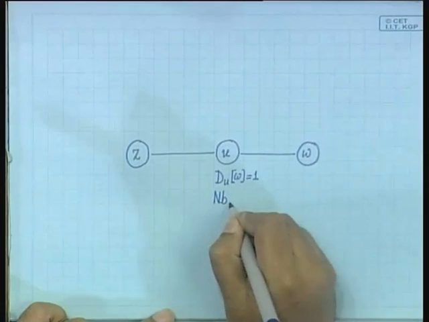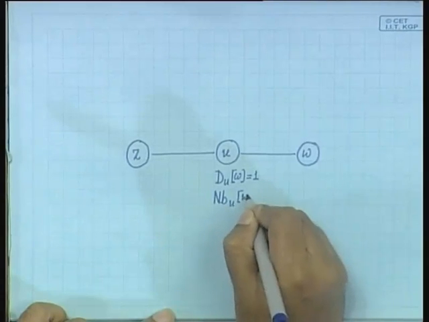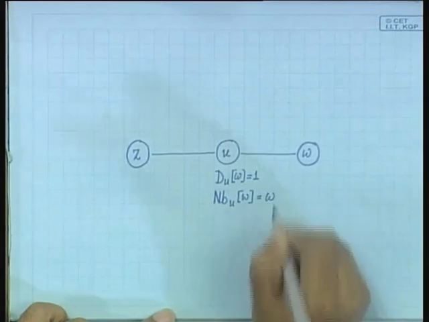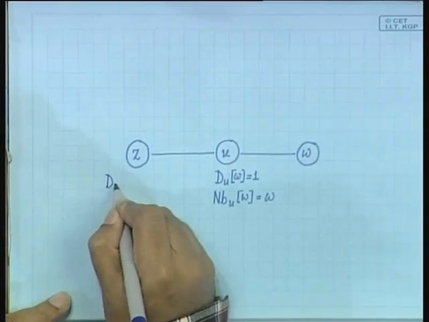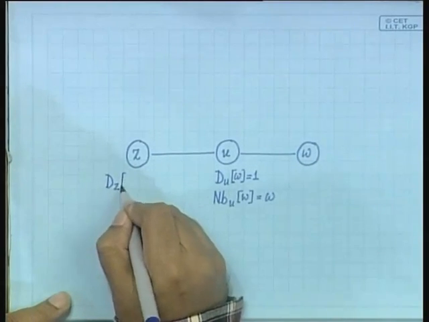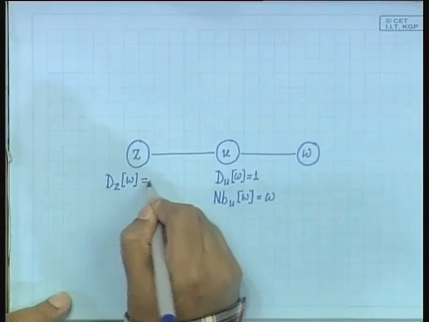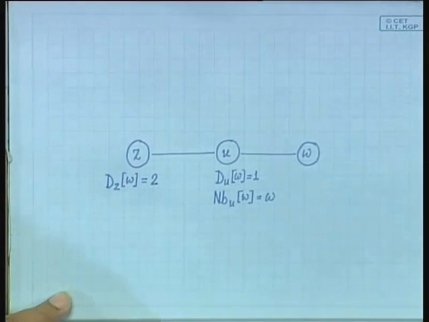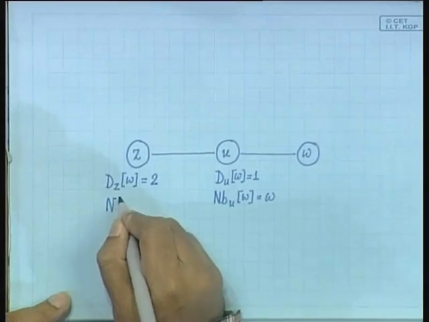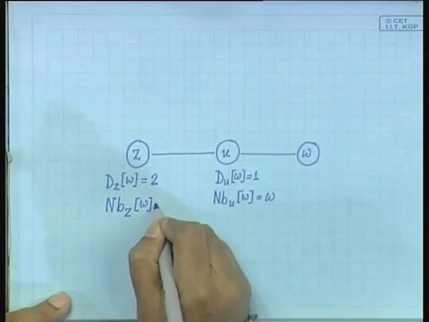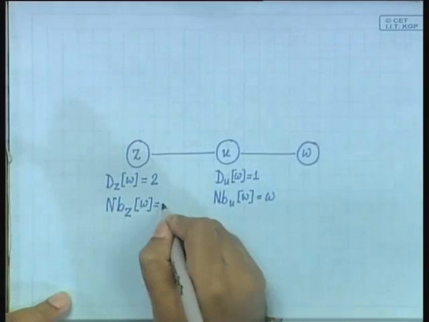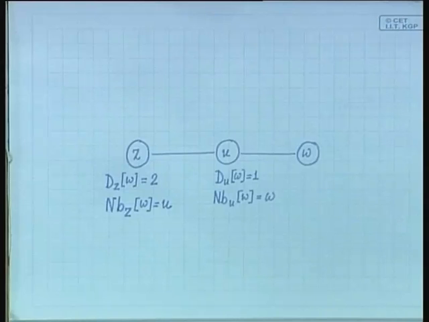What is NB_U(W)? W, right? My d_Z(W) is 2, 1 hop, 2 hop. NB_Z(W) is U. Okay. So, that is nice.